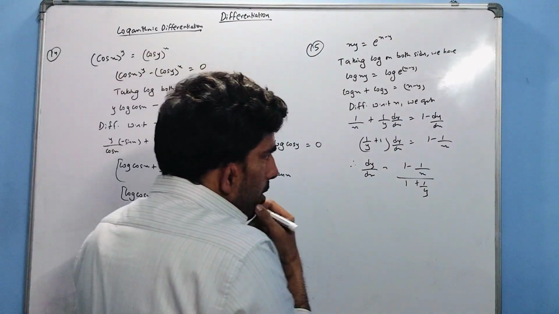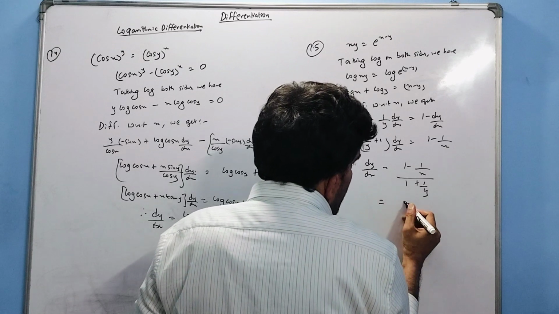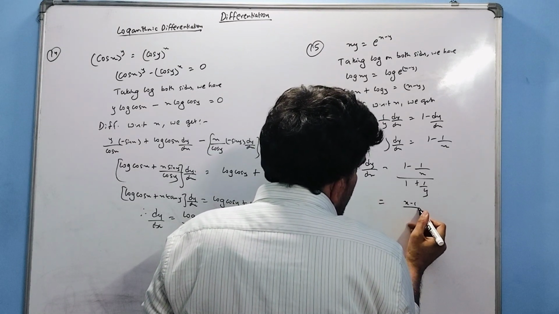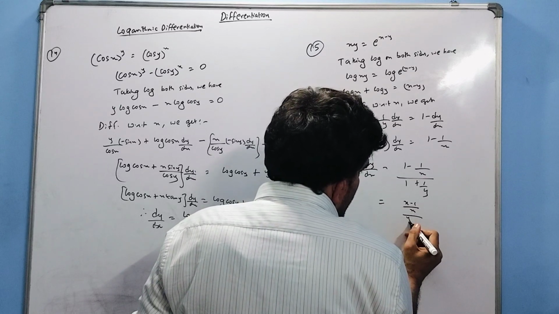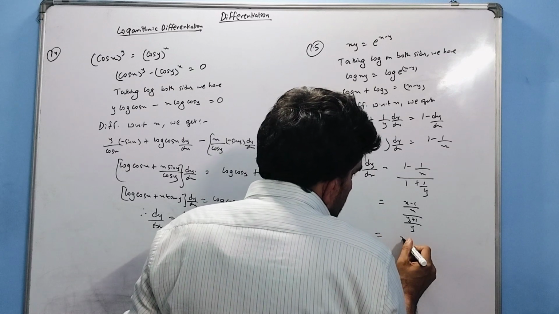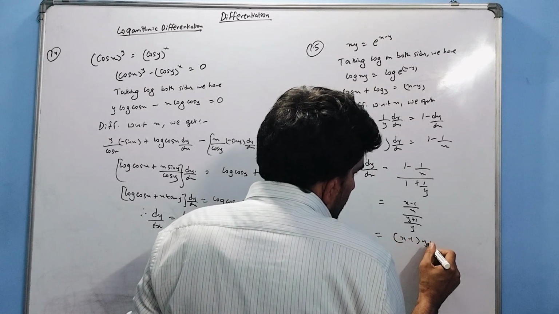If I try to simplify, I got x minus 1 upon x upon y plus 1 upon y. So we have x minus 1 times y plus 1 upon xy.